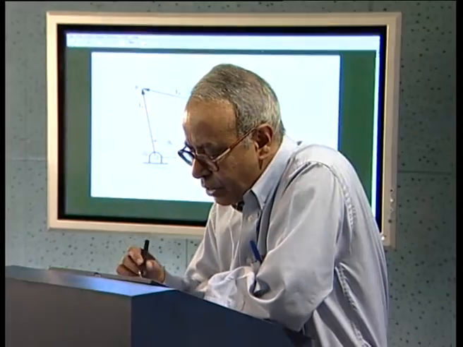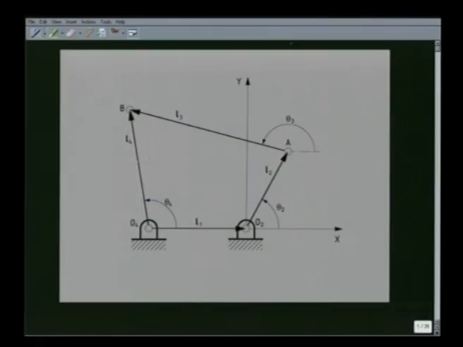This diagram shows a 4R linkage O2, A, B, O4. As we see, the fixed link O4O2 has a length L1, O2A, the second link, has a link length L2, AB, the coupler, has a link length L3, and O4B is the fourth link with link length L4.